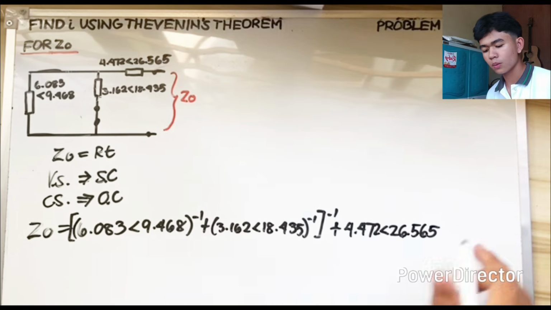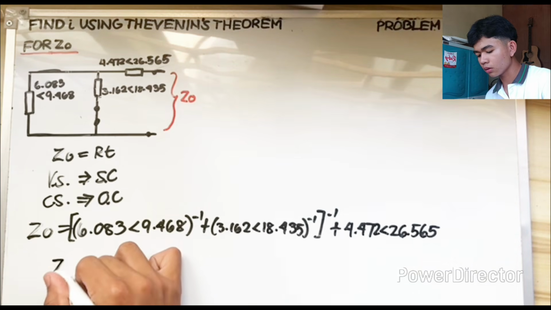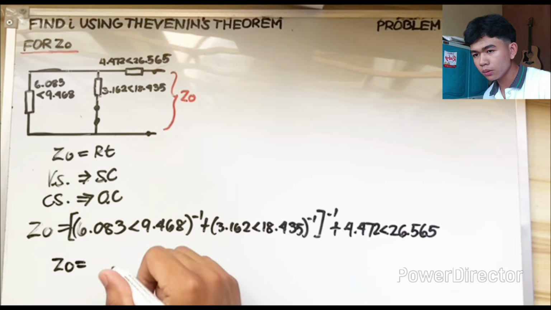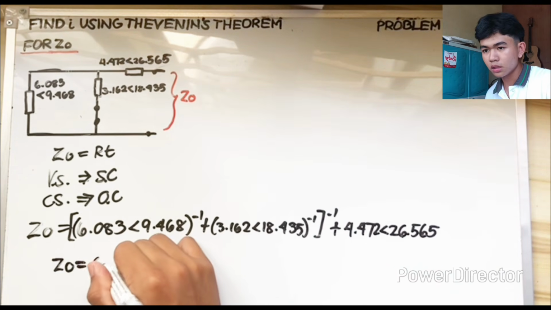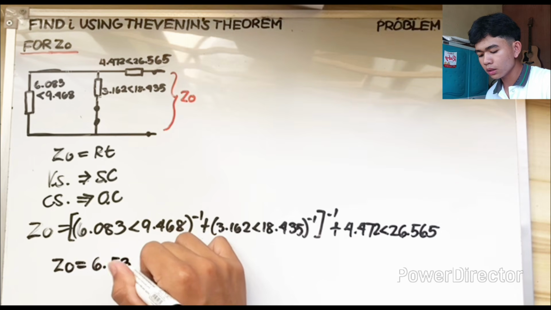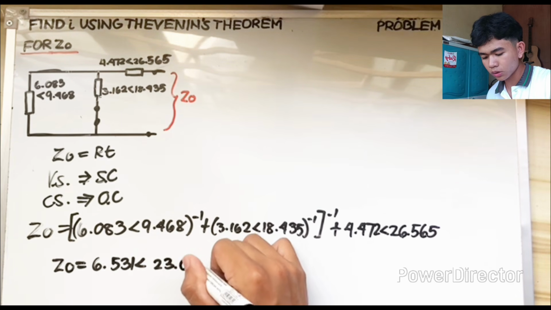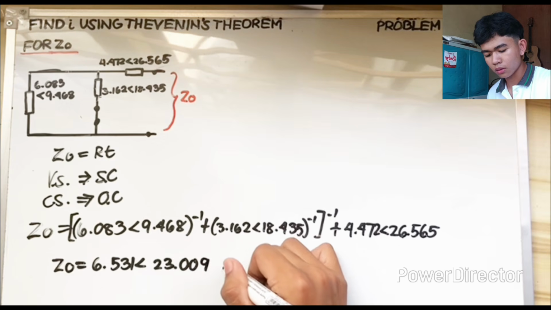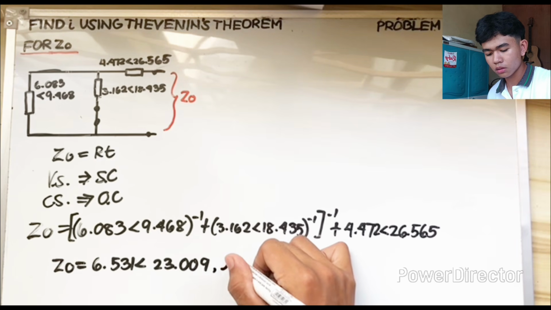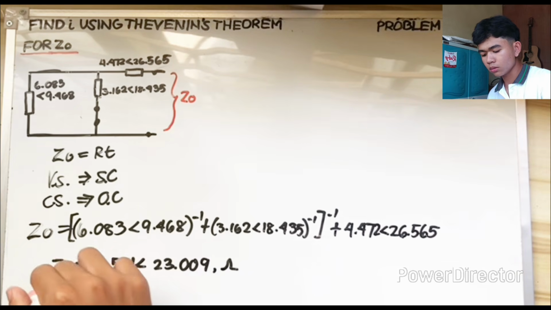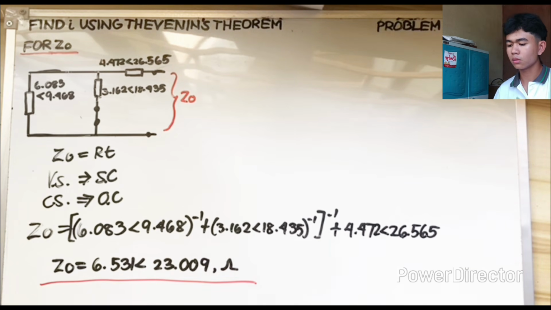So we can now solve for the ZO. Our ZO is 6.531 angle 23.009, and our unit is ohms. So this is the value of ZO.